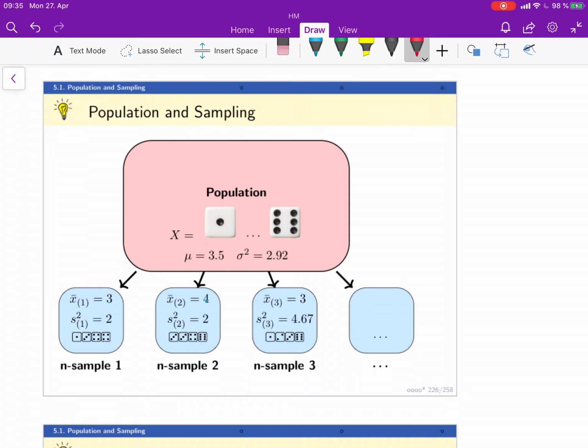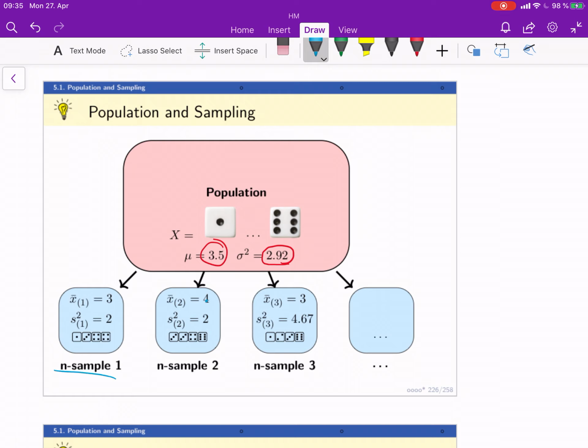We've got the numbers 1 to 6, so our expectation value is 3.5, exactly in the middle, 1 plus 6 divided by 2, and our sigma squared, our variation, is 2.9. We've done all this in previous lectures, how to calculate this. Now, if we roll the die 4 times, we could end up with the following samples.